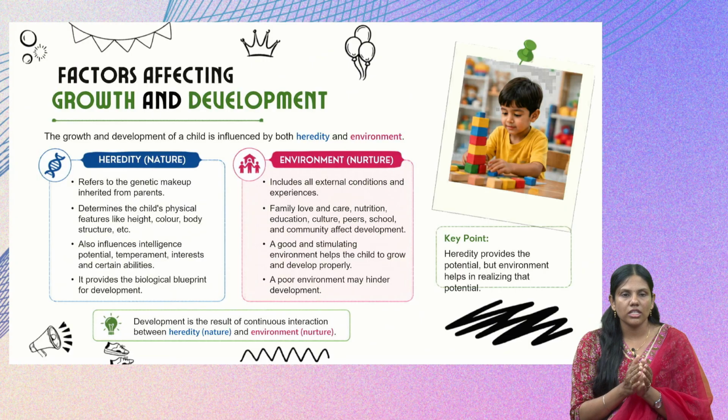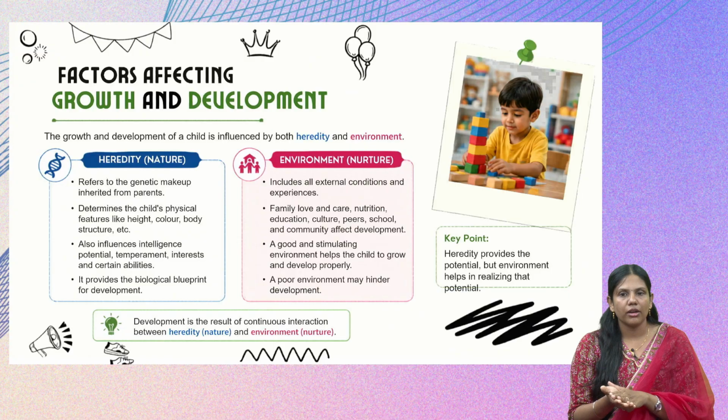Nature means the genetic makeup that you have inherited from your parents or ancestors. It determines your physical features like height, color, body structure, and also influences intelligence, temperament, interests, and certain abilities or aptitudes. It always provides a biological blueprint for your development.